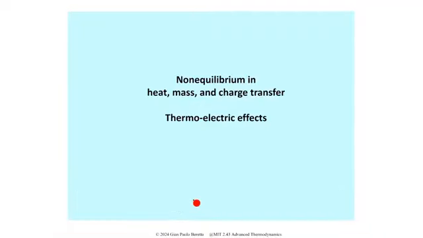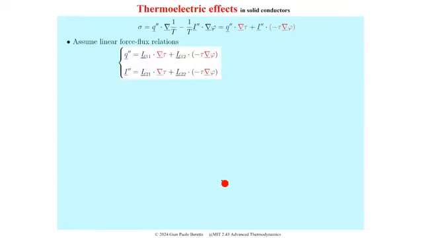So let's start with the thermoelectric effects as the more or less simple example of the procedure that we need in order to understand it. We start from this expression of the entropy production that we just reviewed.